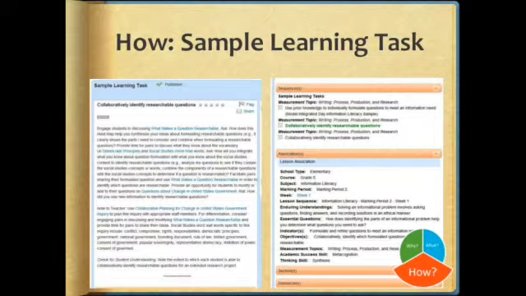Looking at the right-hand column on this document, you will notice how the information in terms of enduring understanding, essential questions, indicators, and objectives are also listed. So when a teacher reads the sample learning task, they also know what indicator this sample learning task is addressing.